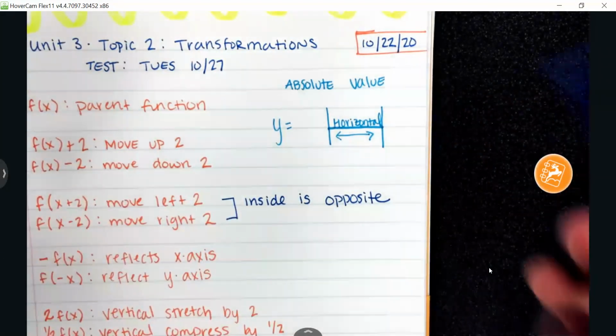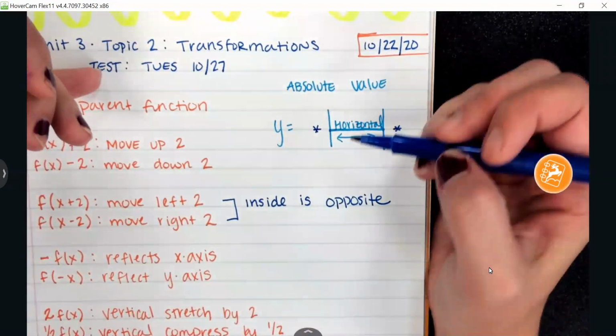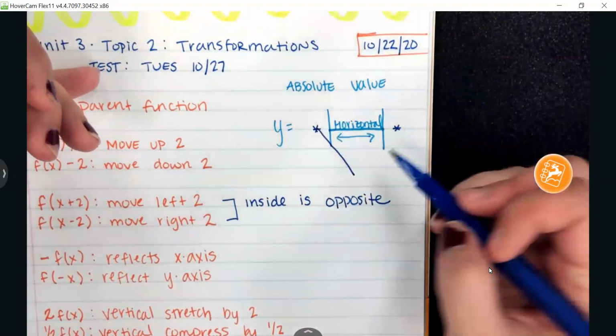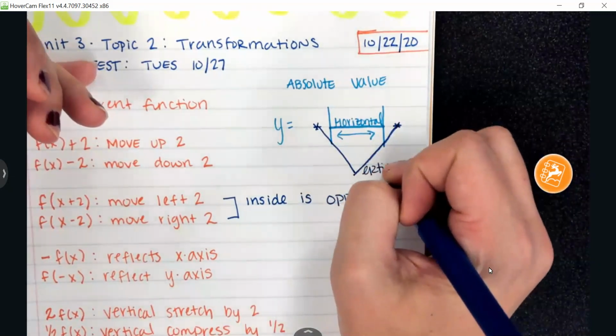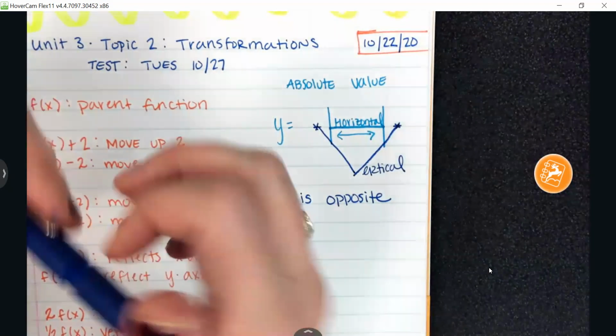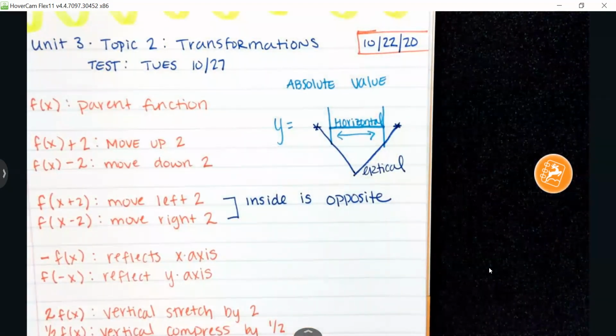If I connect everything on the outside, it will connect with the letter V, which stands for vertical. So everything outside is vertical.